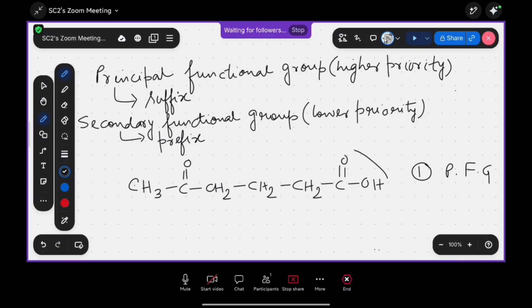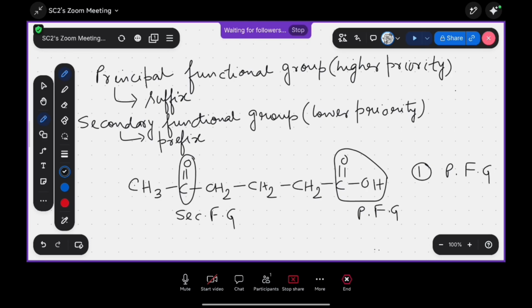The carboxylic acid group COOH lies above, so this will be considered the principal functional group, whereas the ketone functional group lies below and will be considered the secondary functional group.